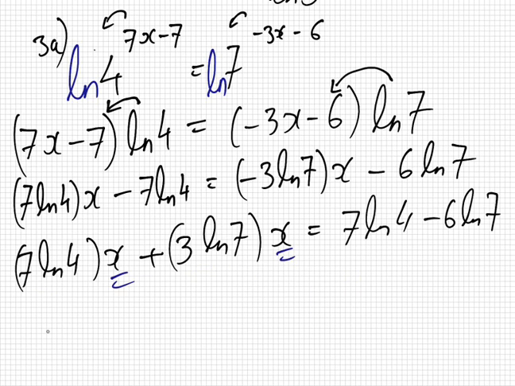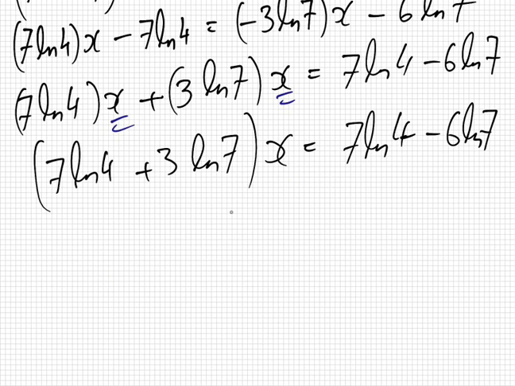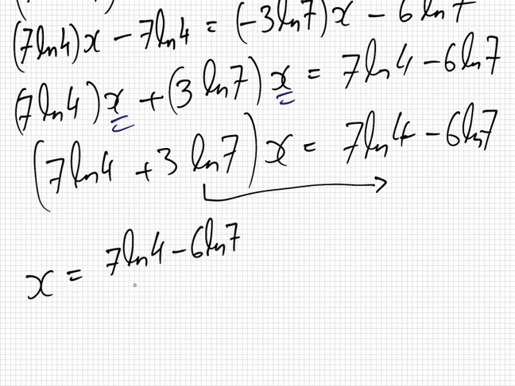So we can say 7 log 4 plus 3 log 7, x equals 7 log 4 minus 6 log 7. So there's only one line left now. We just divide this underneath and we get x equals 7 log 4 minus 6 log 7 over 7 log 4 plus 3 log 7.